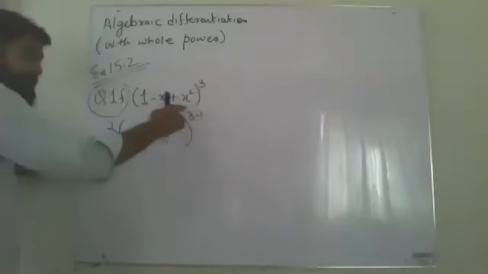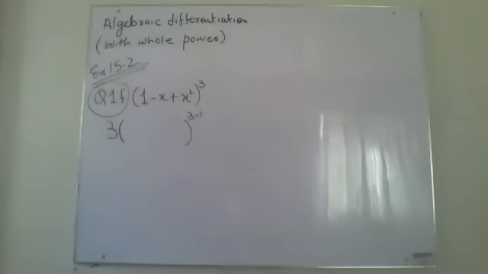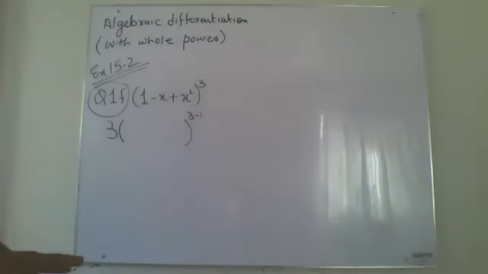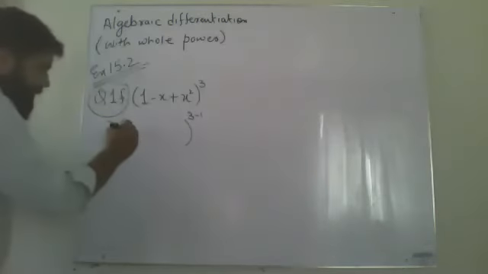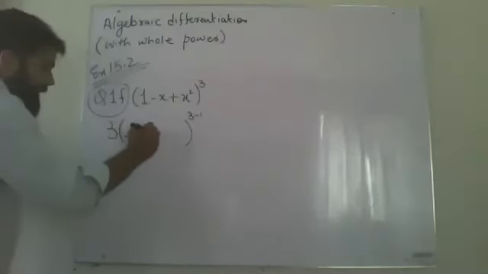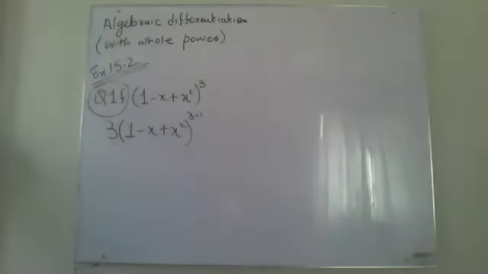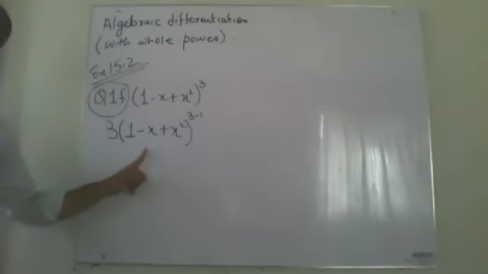And whatever is inside the bracket, when you are working with whole power, you will not change that thing. There will be nothing happening to that. 1 minus x plus x square. Okay, 1 minus x plus x square. This will be my first step.